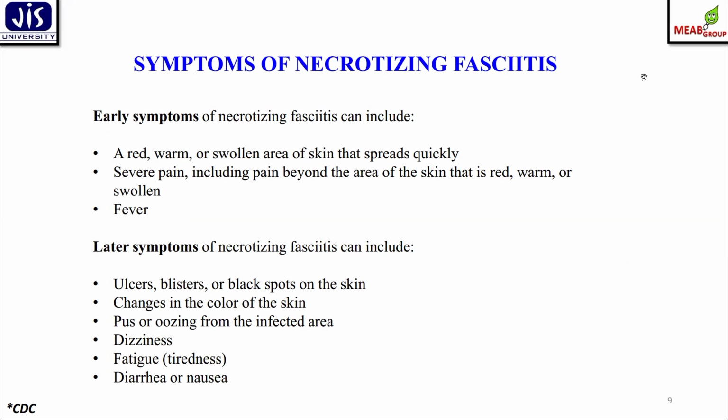Later, more severe symptoms of necrotizing fasciitis can include ulcers, blisters, or black spots on the skin surface, alterations in the color of the skin, pus or oozing from the infected area, dizziness, fatigue, tiredness, diarrhea, and nausea. These are the later common symptoms.